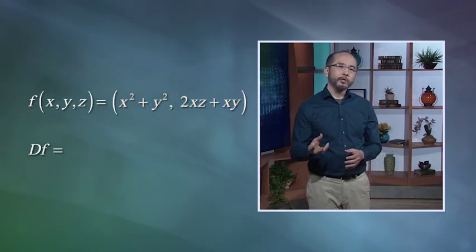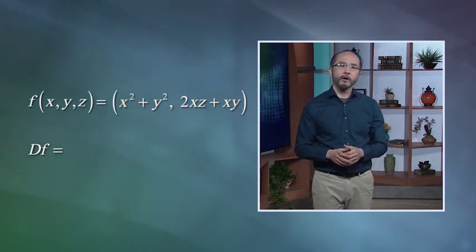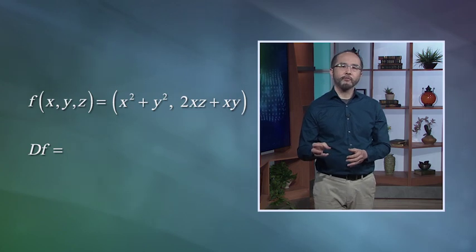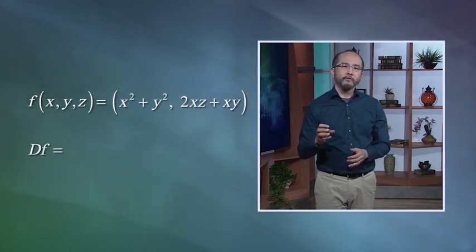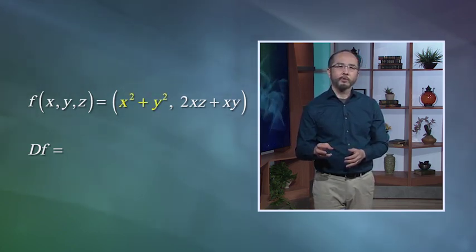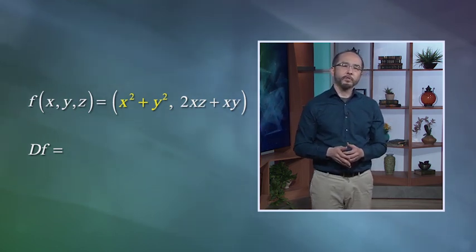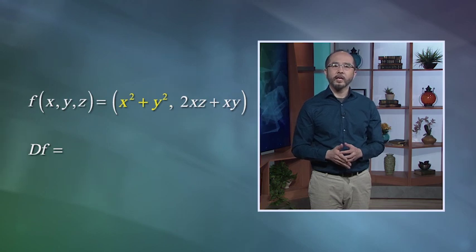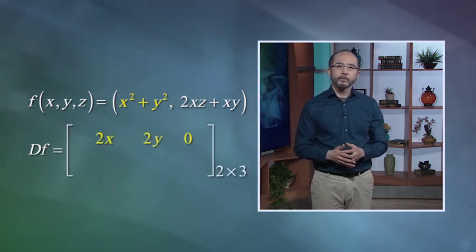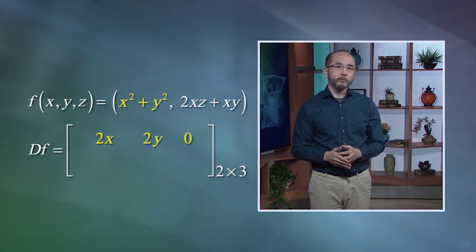Then we can compute the partial derivatives. Notice that all along the first row of df, we are taking the derivative of x squared plus y squared with respect to x first. Then we do it again with respect to y, and then again with respect to z. So that's 2x, 2y, and 0 in the first row of df.